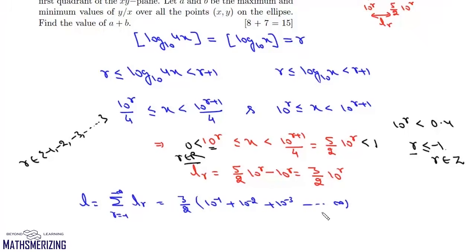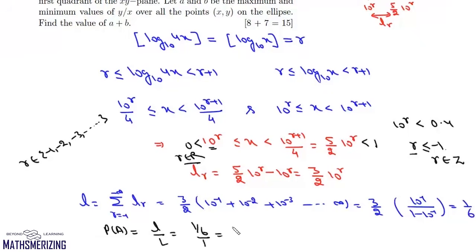Now this is nothing but a GP, so it will be 3/2 times a upon 1 minus r, which is 3/2 into 1/9, which is 1/6. So from geometrical probability, we can say that the required probability of this event, say A, is given by small l upon capital L, which is 1/6 upon 1. So the required probability is 1/6.